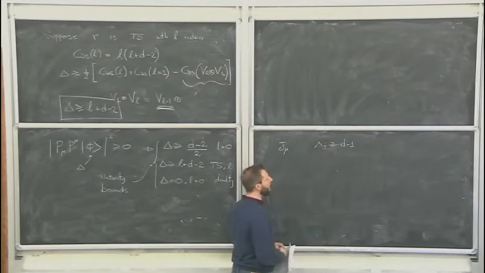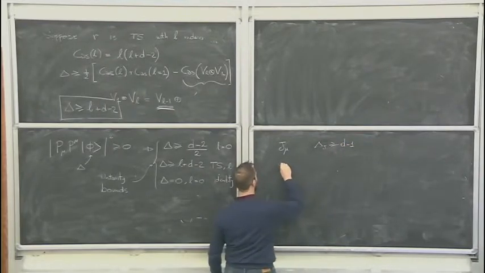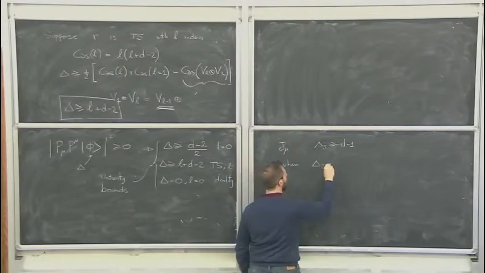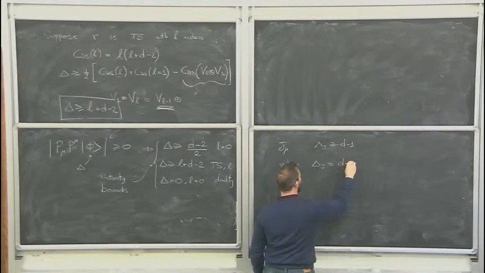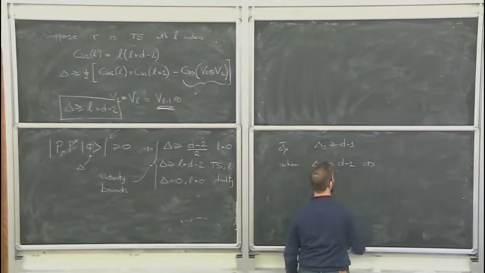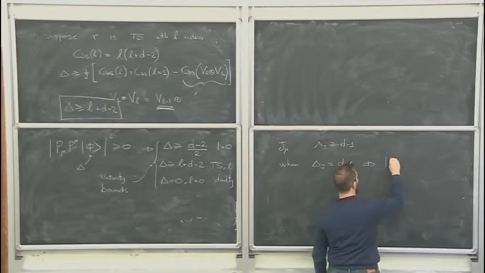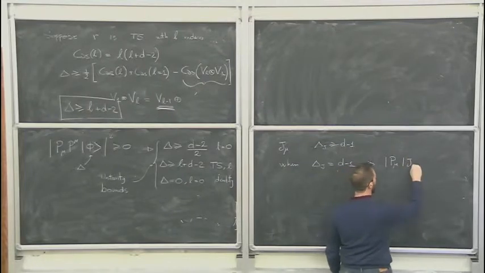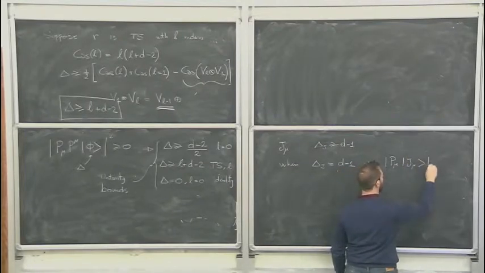And when delta_J is equal to d minus 1, what it means, according to our discussion, is that the norm of P_mu J is 0.